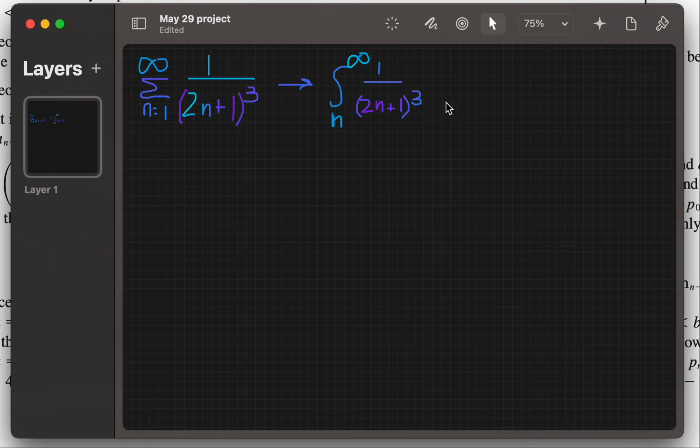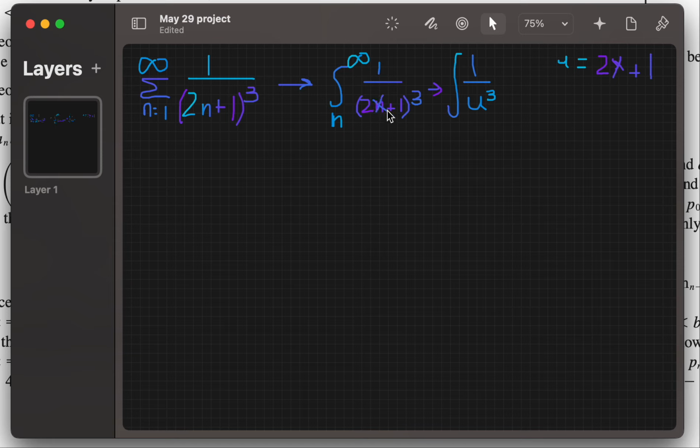So we just want to solve that integral, right? And solving that integral, we can use something like u substitution. So you'd have 1 over u cubed, u being 2x plus 1, and this should be x.